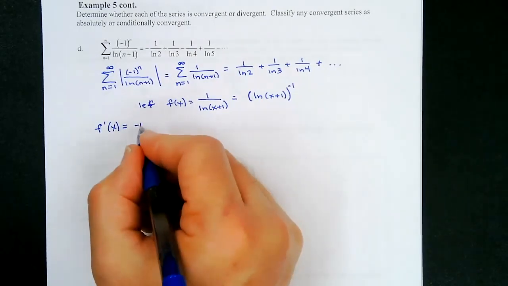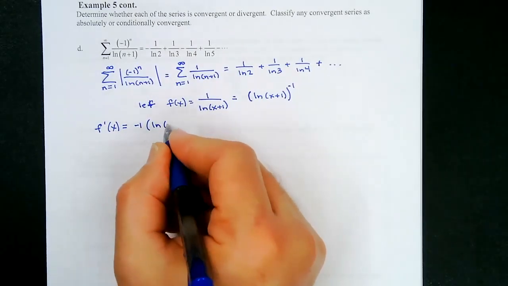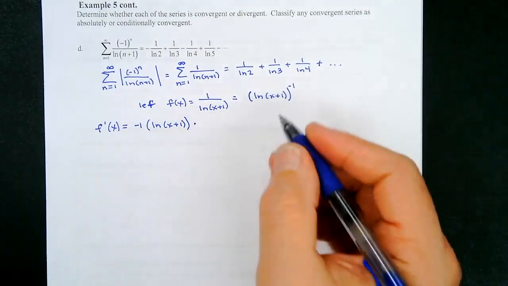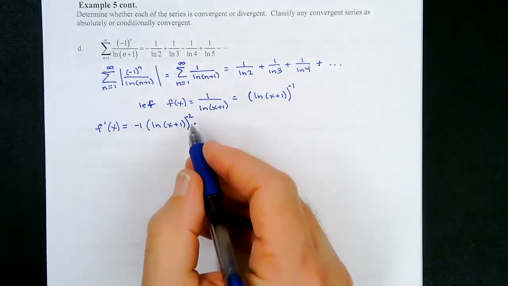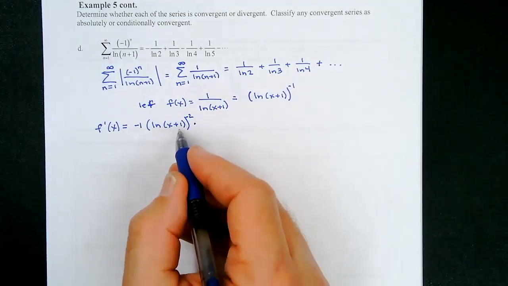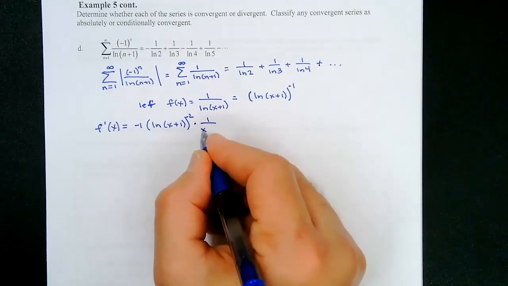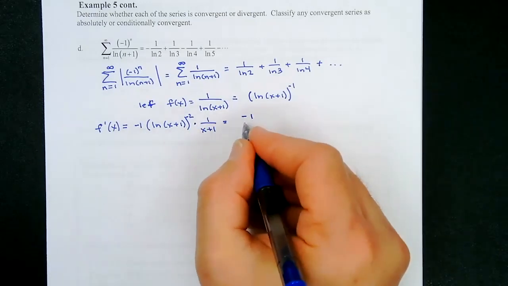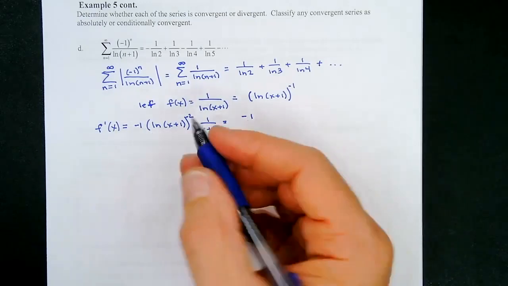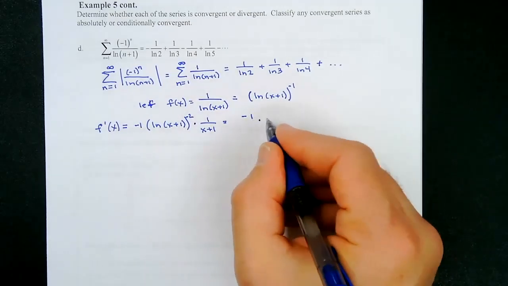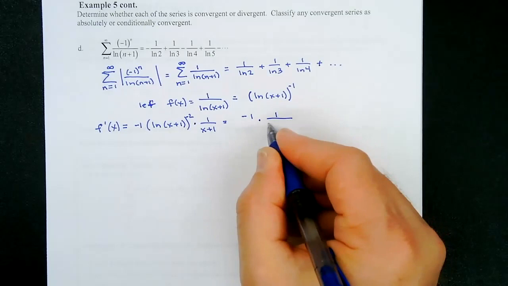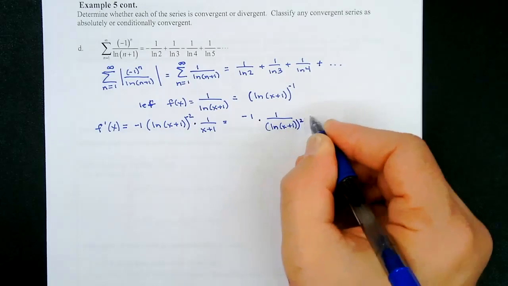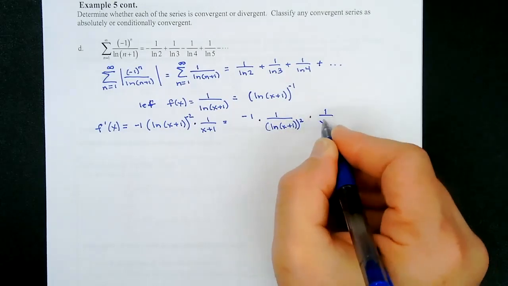is equal to -1 times ln of x plus 1, and then subtract 2. Then multiply that by the derivative of ln of x plus 1, which would be 1 over x plus 1. So this would be -1 on top, times 1 over ln of x plus 1 squared times 1 over x plus 1, right?